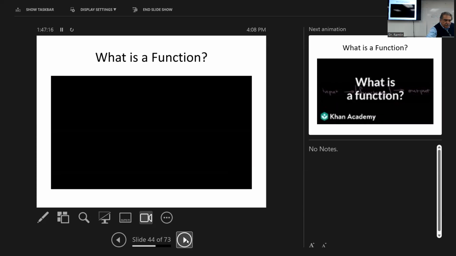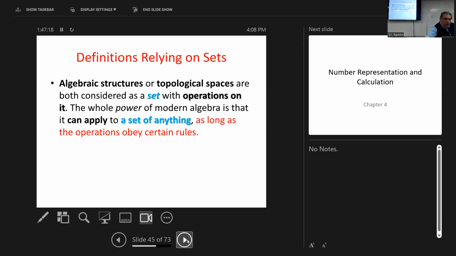Let's move on. So in algebra, we need these sets and this terminology because algebraic structures or topological spaces are considered as a set with operations under them. Notice when he was talking about functions, you have some kind of rule, an operation that is done on a number.